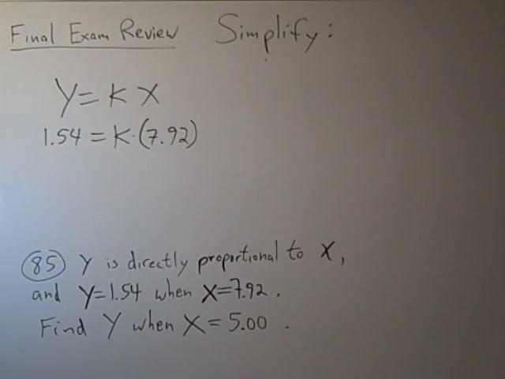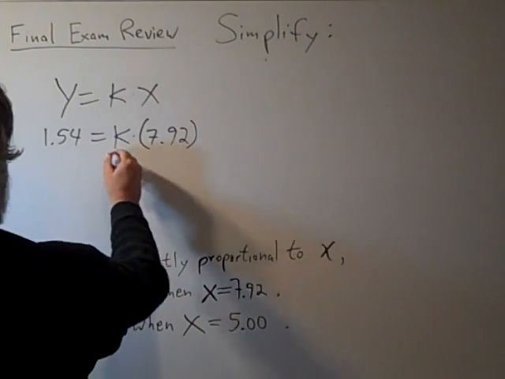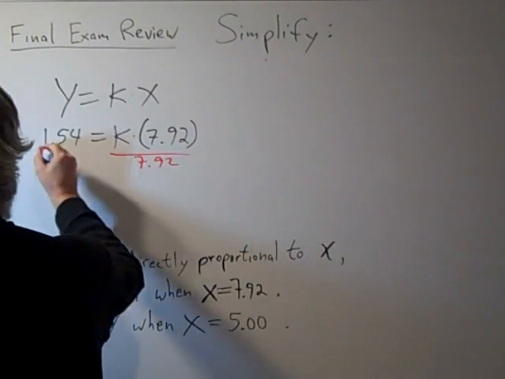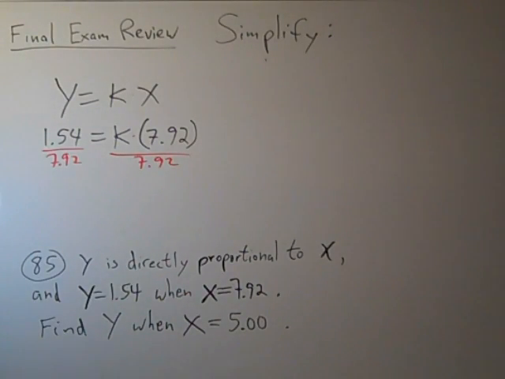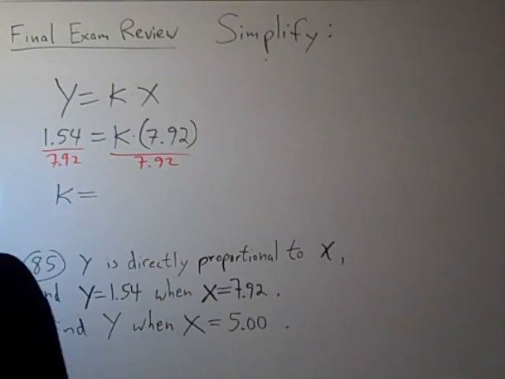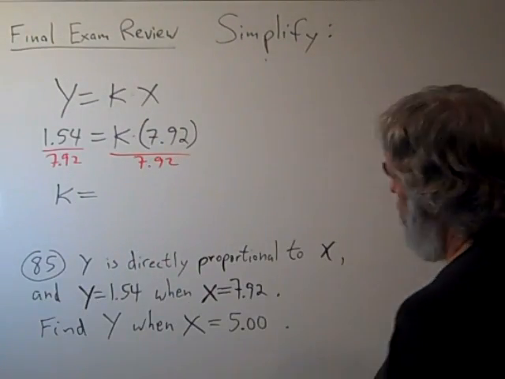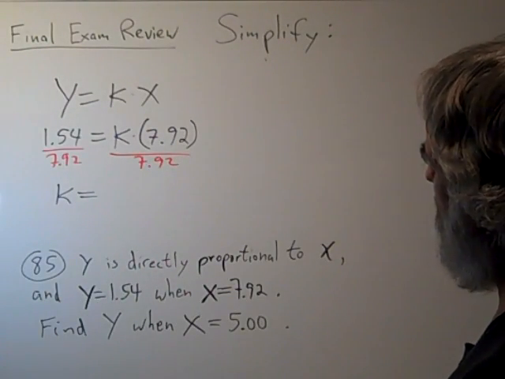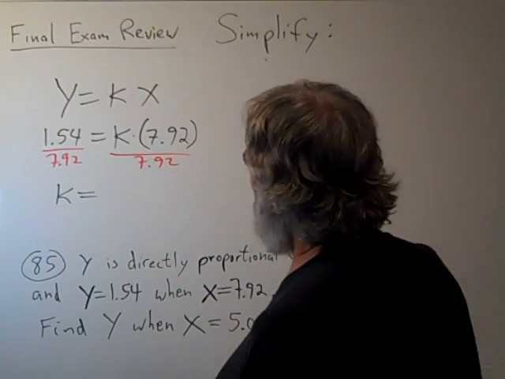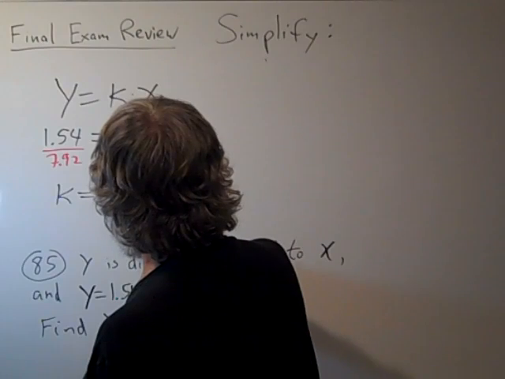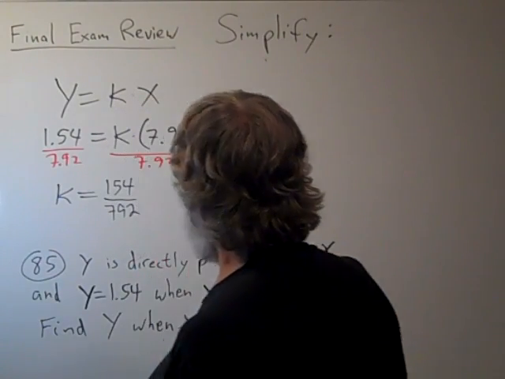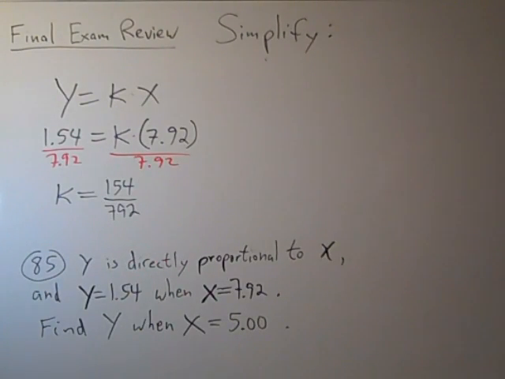And so we can solve for the constant of proportionality K. Just divide both sides by 7.92. And we can find K. K is equal to... It's best to simply leave it like it is, probably, as 1.54 or 154 divided by 792. No need to simplify it further. We can use it like that. Anyway, that's the K we can use.